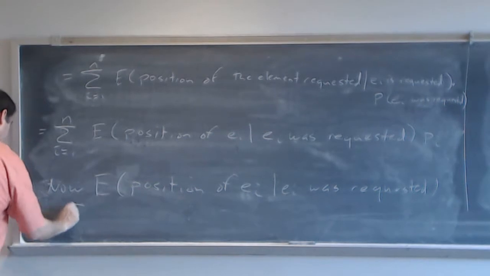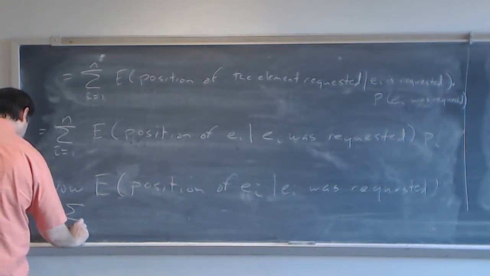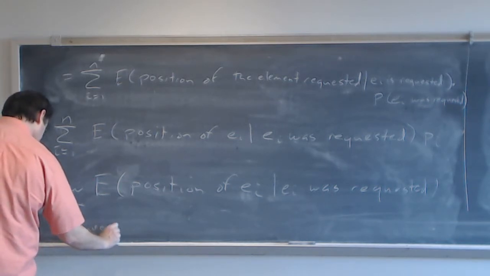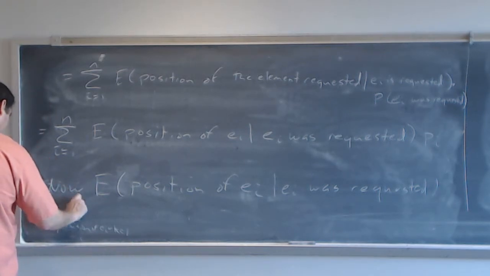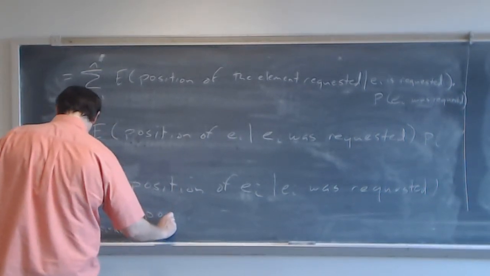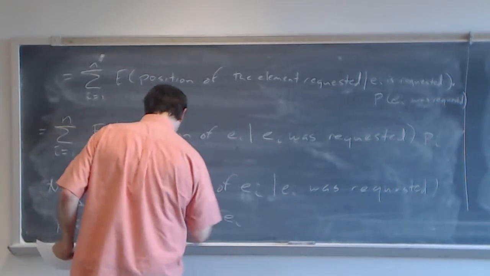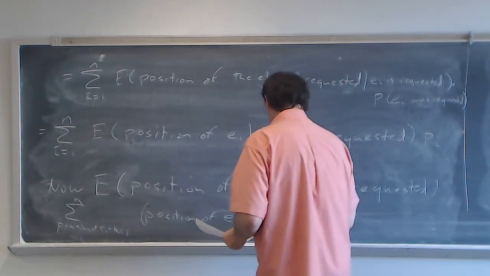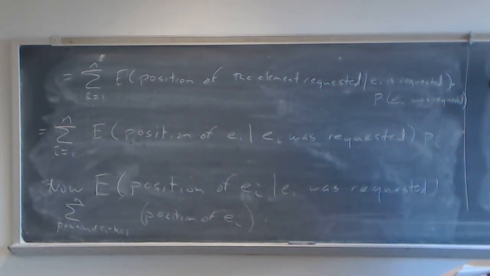So this is going to be a sum over the positions of E_i, which I'm going to label as k, running from 1 to n, of the position of E_i equal to k, times, okay, here I'm doing a conditional expectation.